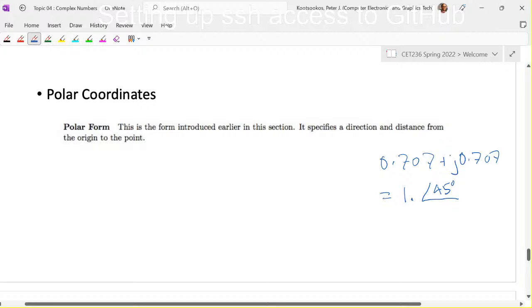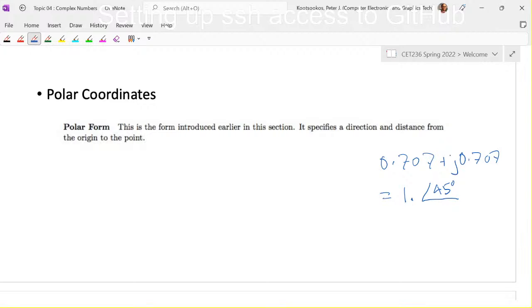So we split it up into the magnitude of 1 and the angle that it makes with the x-axis going in the counterclockwise direction.